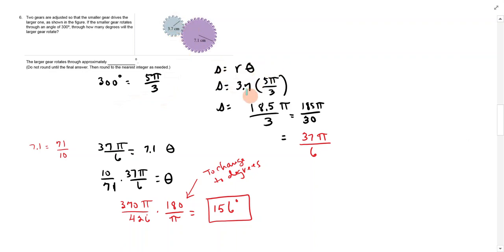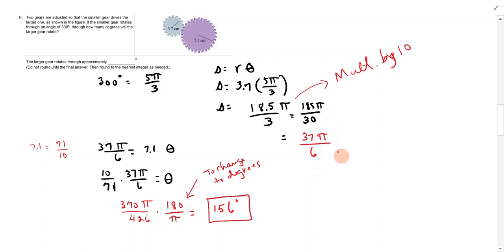R theta, 3.7 times 5 pi over 3, and we had the decimal, so we multiplied by 10. That gave us 185 pi over 30, and then simplify that. 5 will go into both of those, so you have 37 pi over 6.